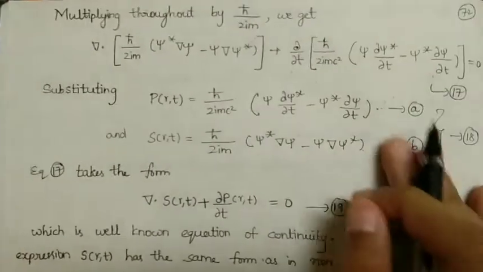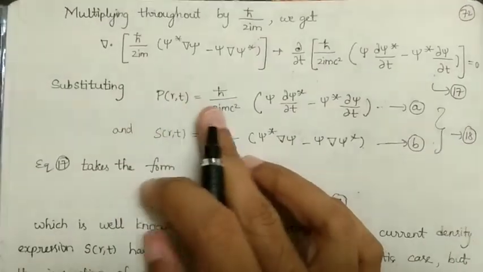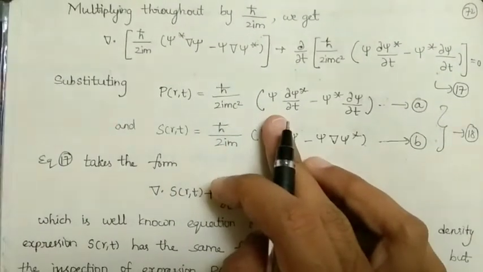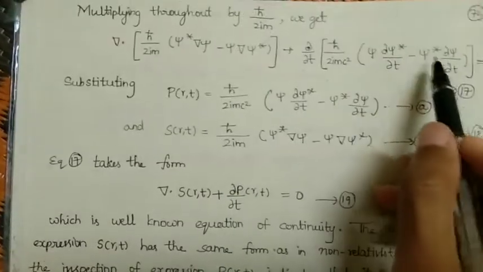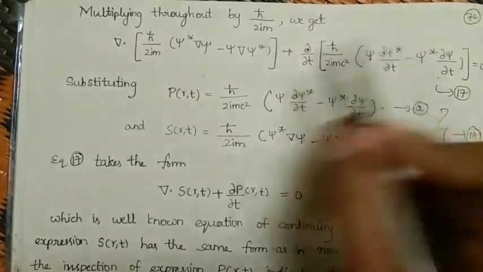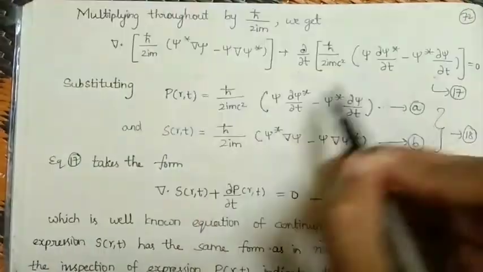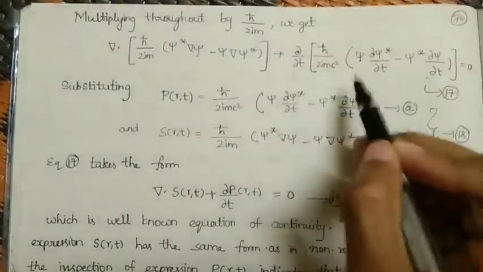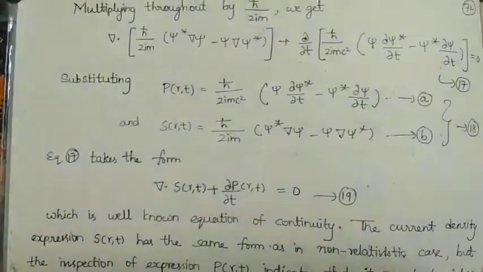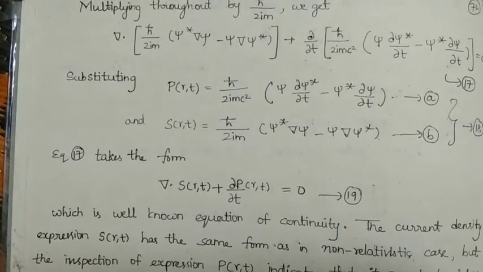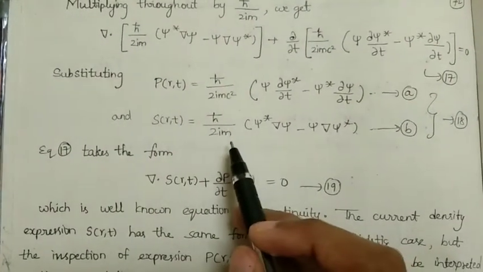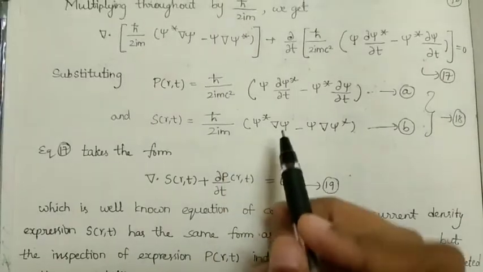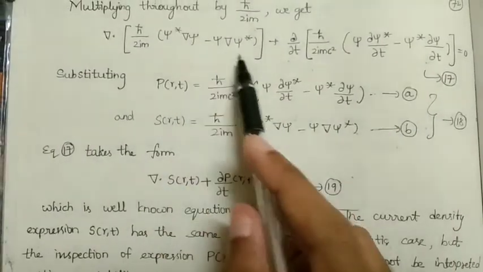Now what we need to do is substitute P(r,t) equal to ħ/(2imc²) times ξ ∂ξ*/∂t minus ξ* ∂ξ/∂t. So in the place of this, it is replaced with P(r,t). And next, this term is replaced with S(r,t), that is ħ/2im times ξ*∇ξ minus ξ∇ξ*.